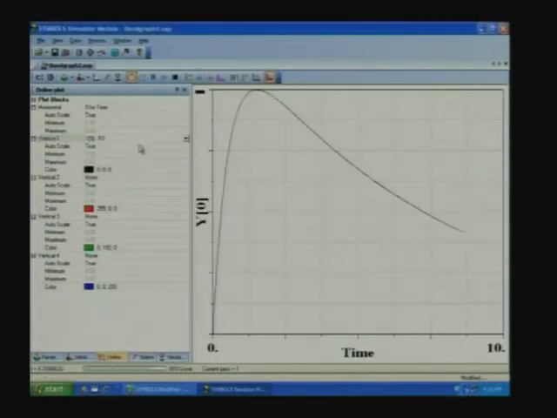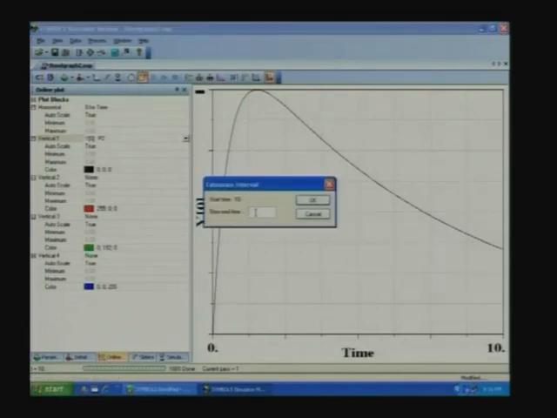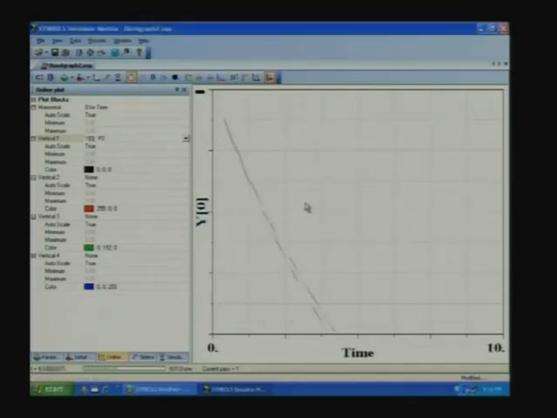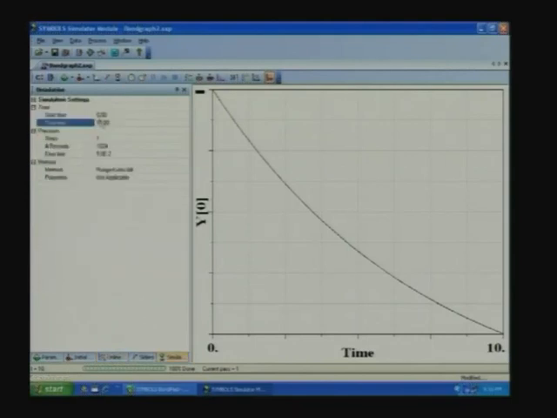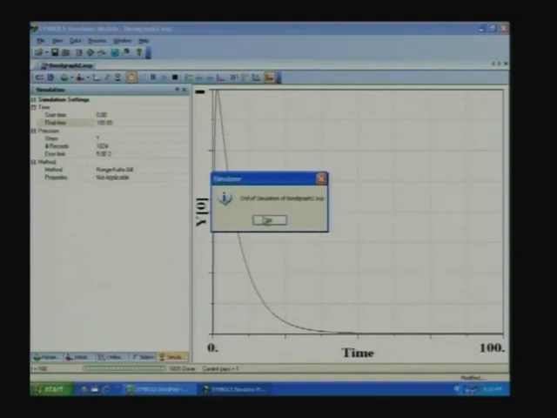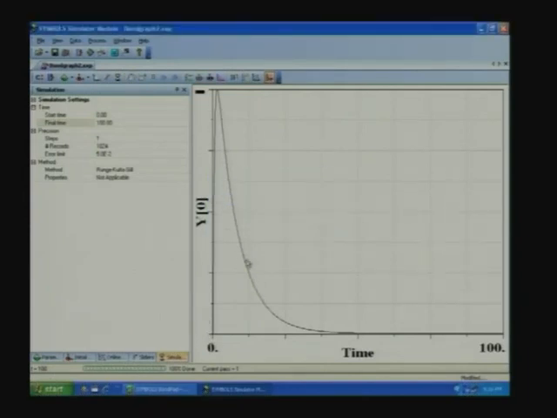Now, let me simulate that once again. If you want to simulate it for a longer time, let me say 100 seconds, I do not mind that. See, it is going and then it is decaying. 100 would be a bad time. So, let me change it to 0 to 50, a nice thing to see.